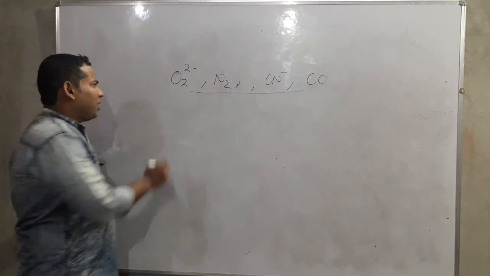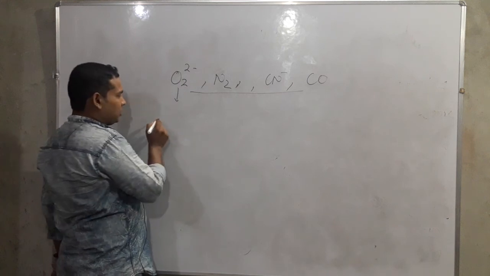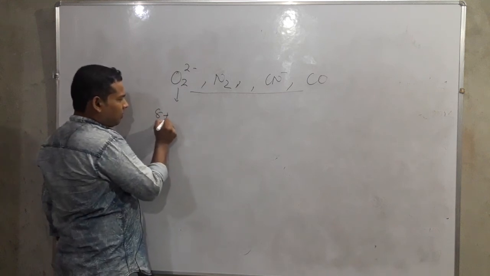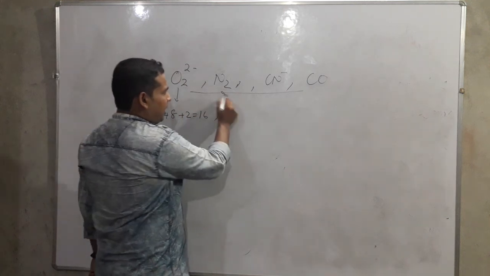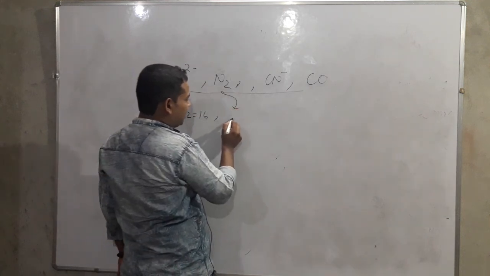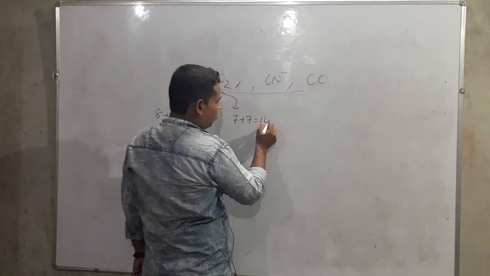First you find out their total number of electrons. O2 2 minus: 8 plus 8, 2 minus means 2 electrons extra, that is 18. N2 means N is 7 plus 7 equal to 14.